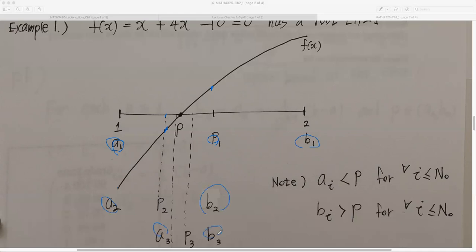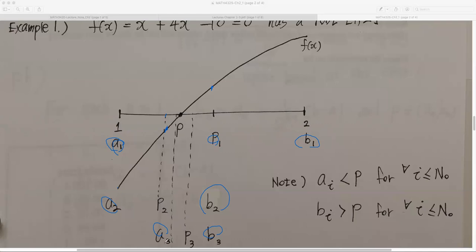So the universe is narrowing down, and what does it contain? The root, right? By repeating this process, eventually we get the approximation.